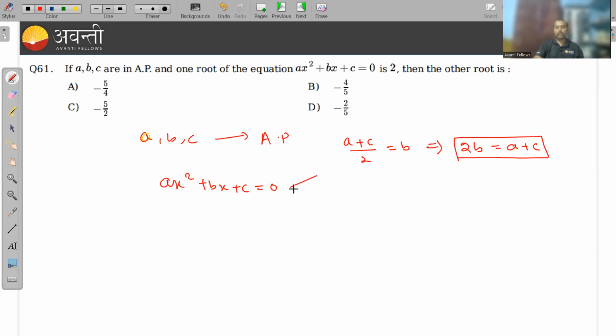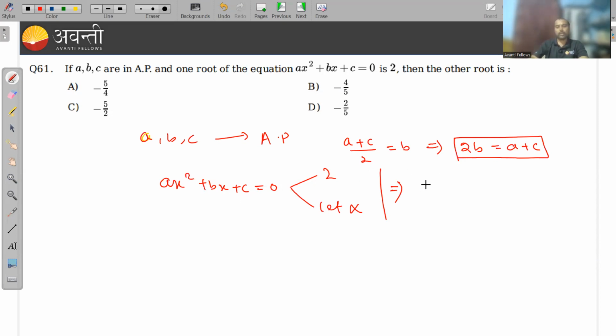One root is given, that is 2, and another root, suppose I am taking, let another one be alpha. If 2 is the root of this quadratic equation, then 2 will satisfy this quadratic equation. So let's substitute 2 in this quadratic equation.